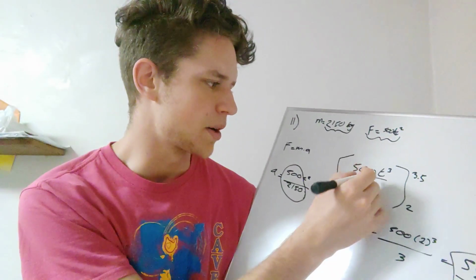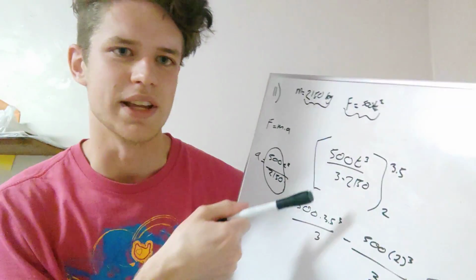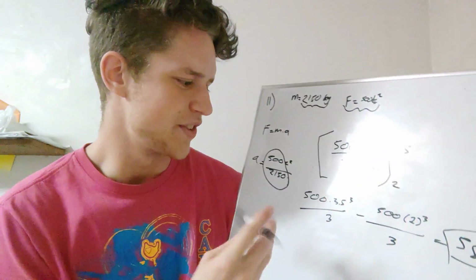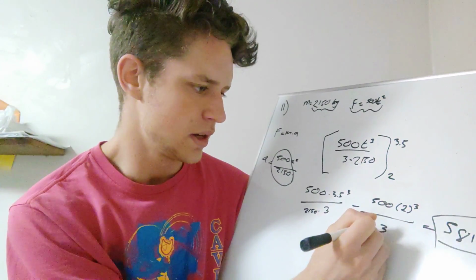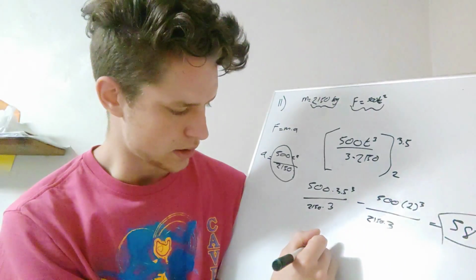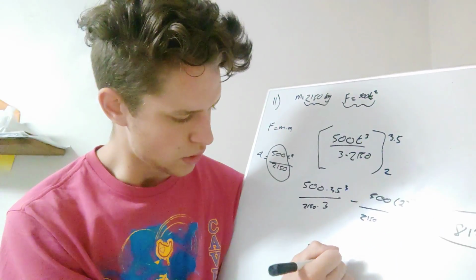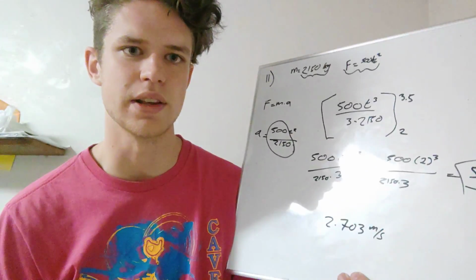Or we can just add in the bottom here, 2150, because order of operations, that's legal. So you add that in there, and you calculate that all out, and you get that it is going 2.703 meters per second of change in that time span.